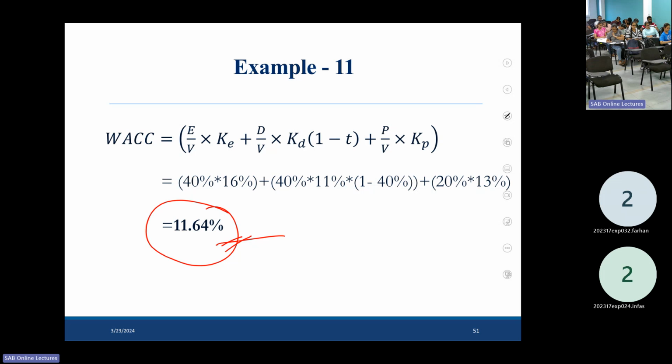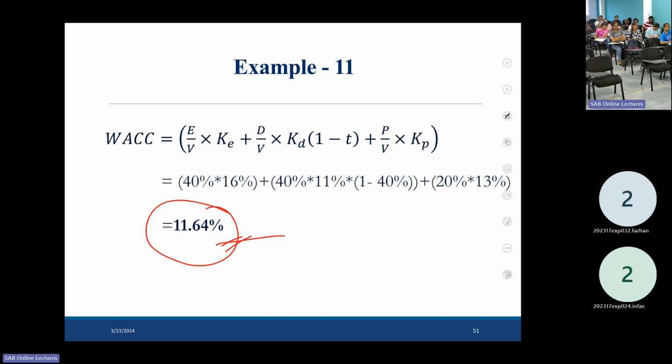In order to create some value to the company, to create some value to the shareholders of the company, their investment should generate more than this. This is the minimum required rate of return that the particular company should generate from their investment. Why do we say this is minimum? At least if you can't earn this, you can't pay their expected rate of return.